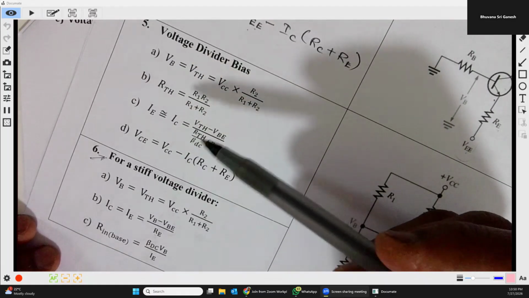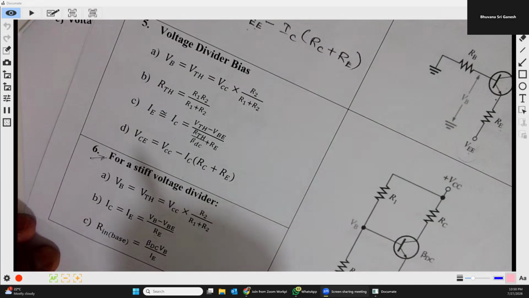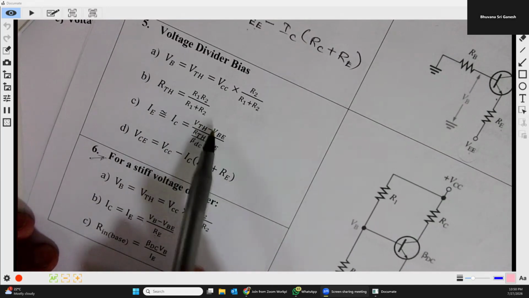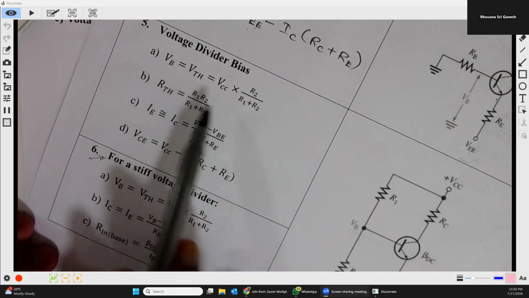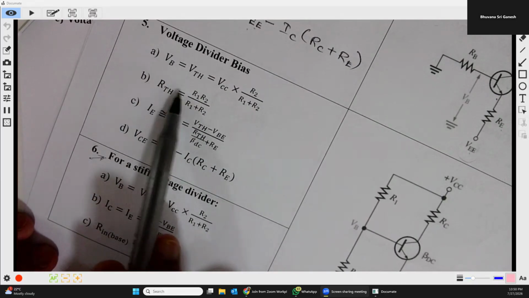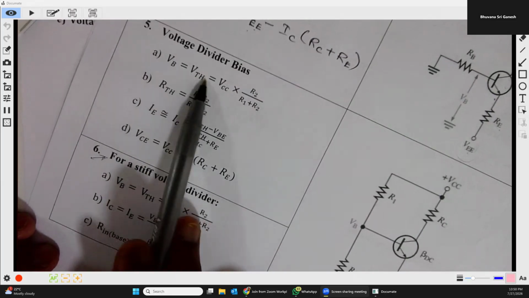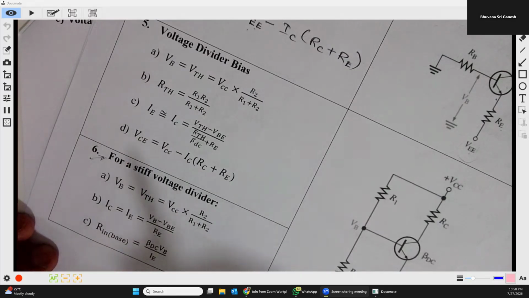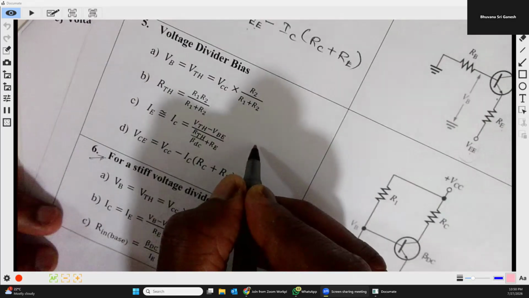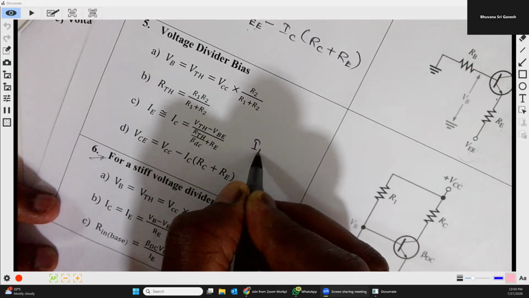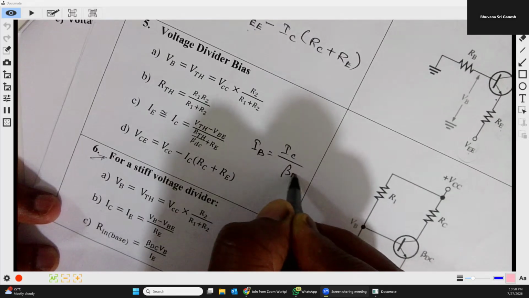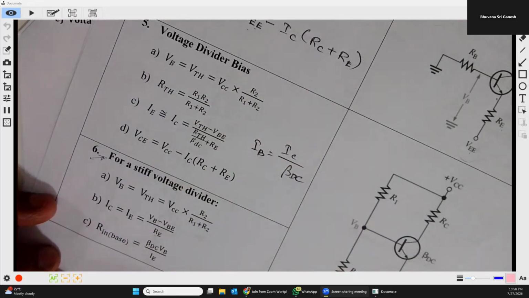For finding IC or IE, you need VTH, V Thevenin, and R Thevenin. So first find R Thevenin, then V Thevenin, and apply it for finding IE, and then VCE. Here also you can include IB equals IC over beta DC. This is valid for this kind of network also.